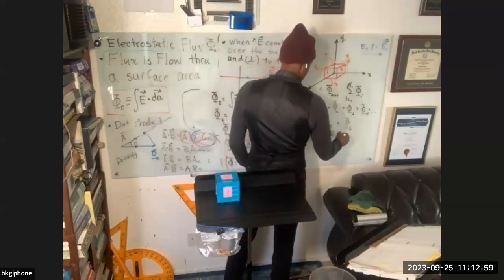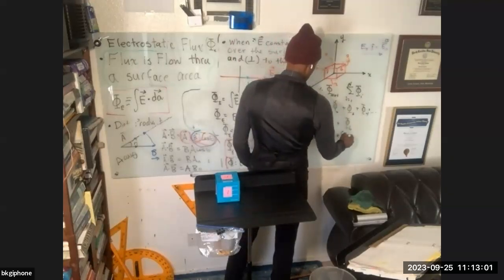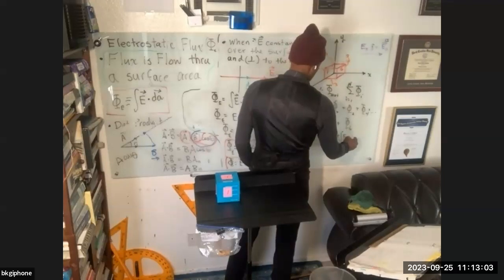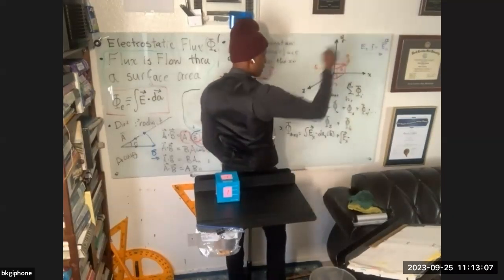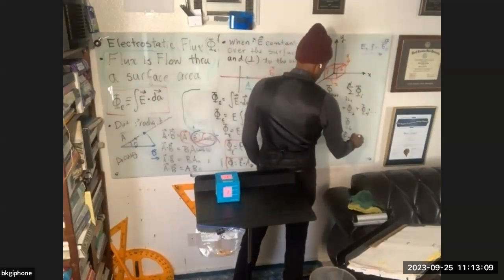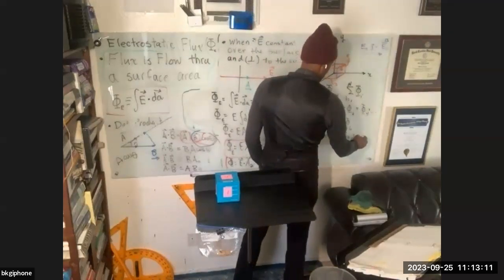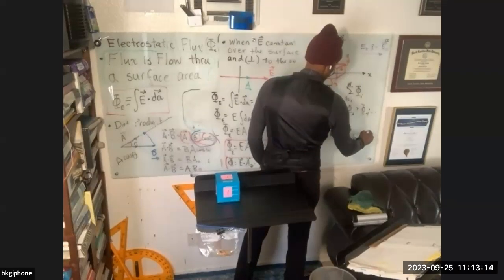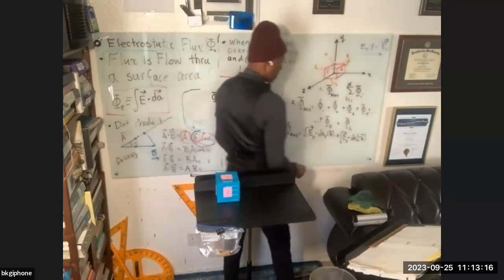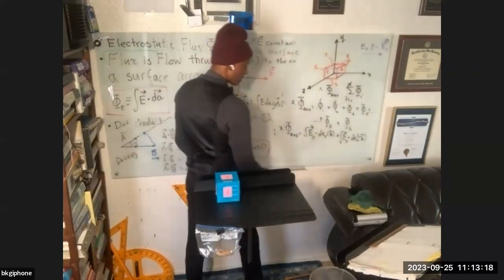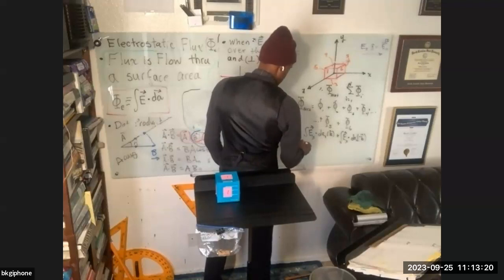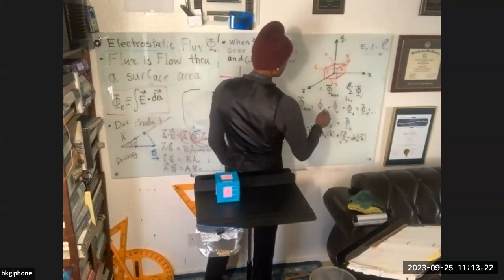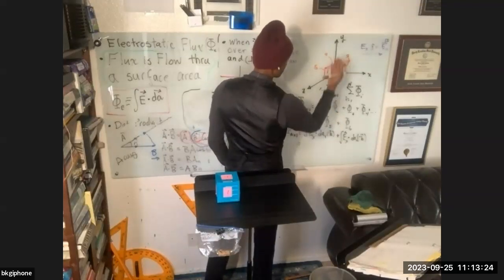This term, number 2, is going to be the integral of E. So EX is not going to change. So dot, but side 2 is negative k. So dA2 negative k hat. I'm just going to write all these out, and then we'll evaluate. So then now we've got sides 3 and 4, and that's going to be the y-axis.